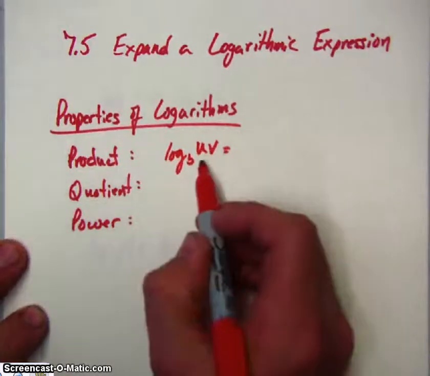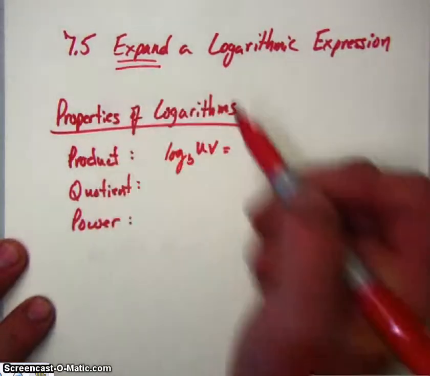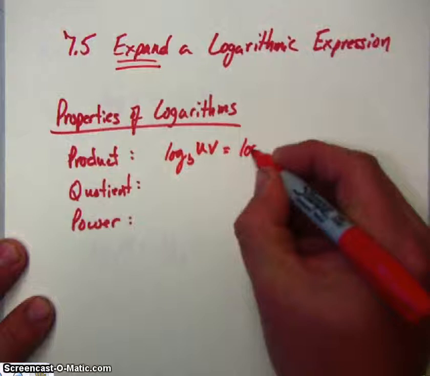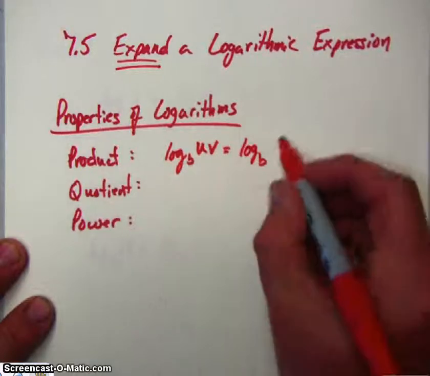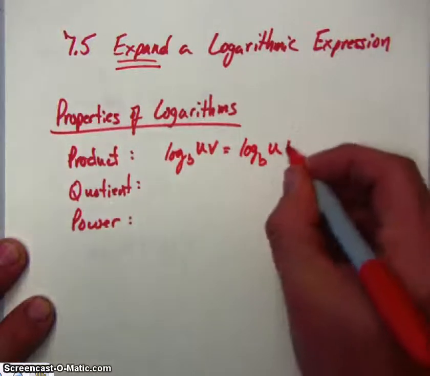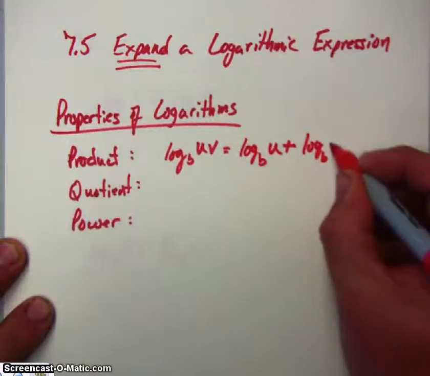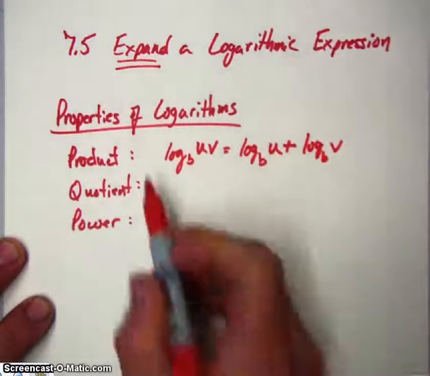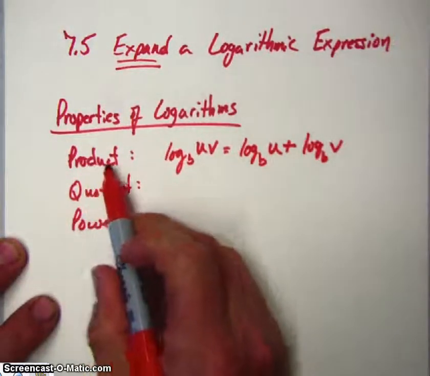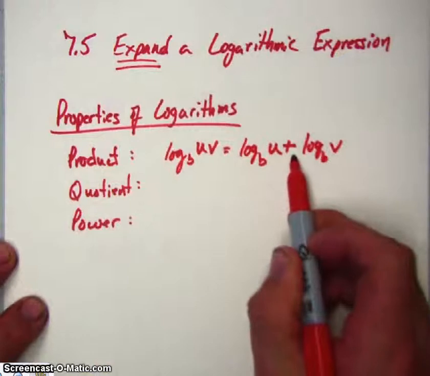I can actually pull it apart. I can expand it into log of the same base of u plus log of the same base of v. So product means when I pull it apart, it becomes addition.